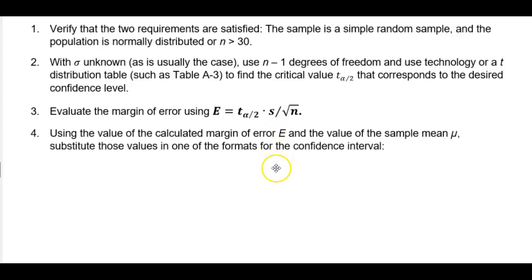Number four, using the value of the calculated margin of error E and the value of the sample mean, substitute those values in one of the formats for the confidence interval. Now, the sample mean here is going to be x bar.